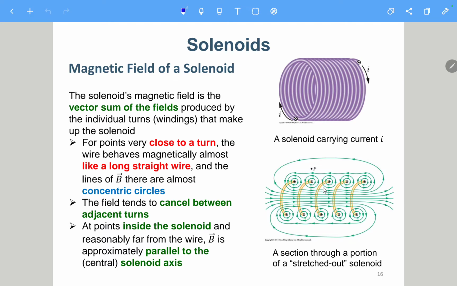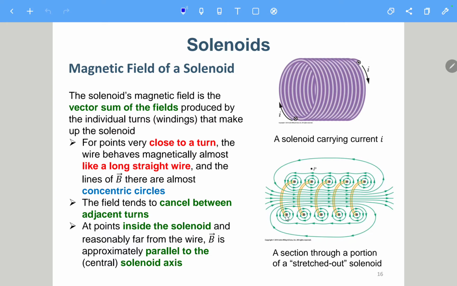Although this is not an infinitely long wire, if you just focus on a very close place, very long or infinitely long is a relative concept. If you zoom in very close to this wire, you can imagine it is infinitely long. But slightly far away from the wire, it is not the case.